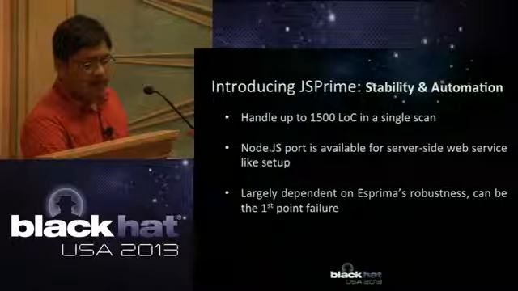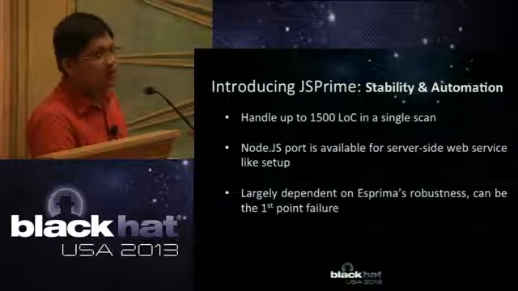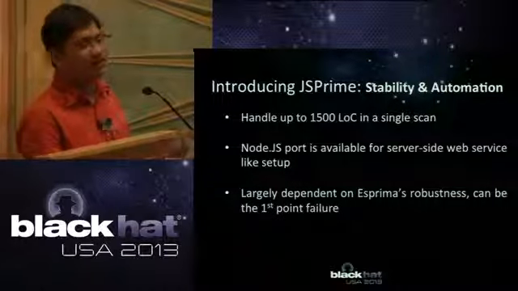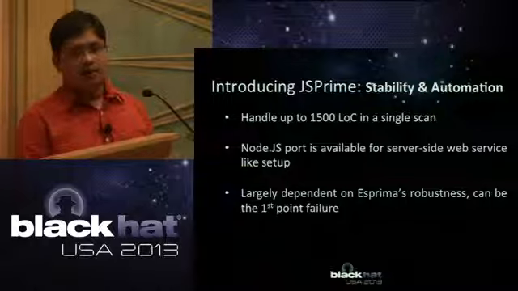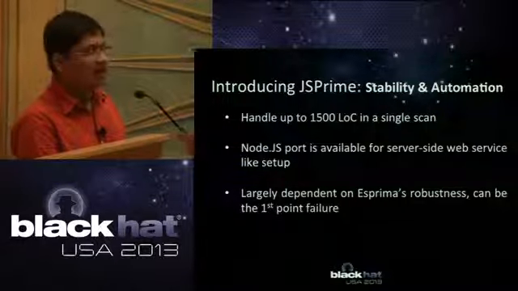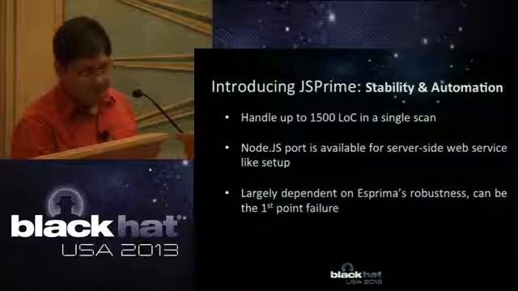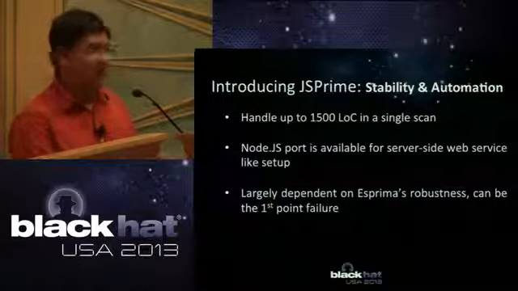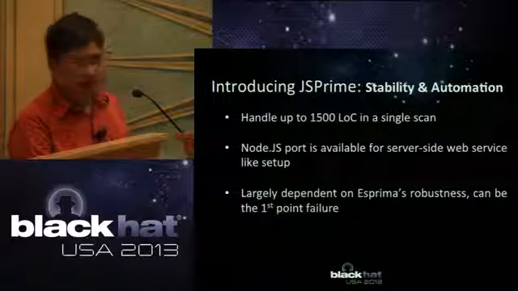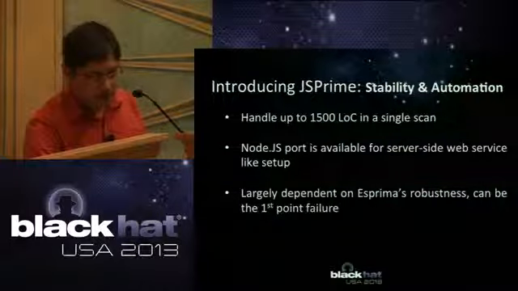We do have a Node.js port so that you can run it on a backend server for large-scale automation. You can pass JavaScript code, and it can return you results. You can make it a web service to integrate into your continuous integration environment or enterprise application environment.